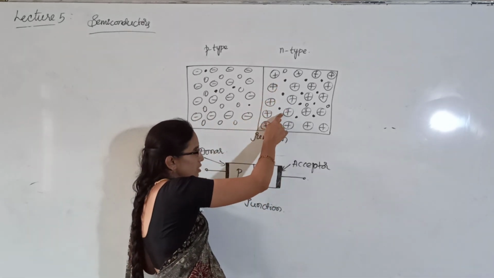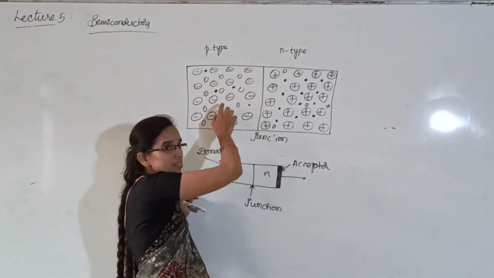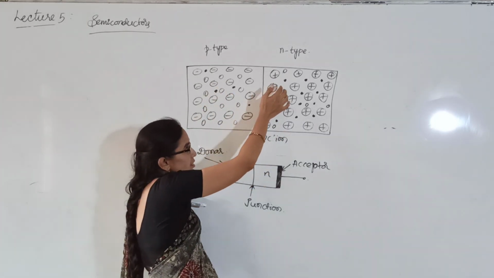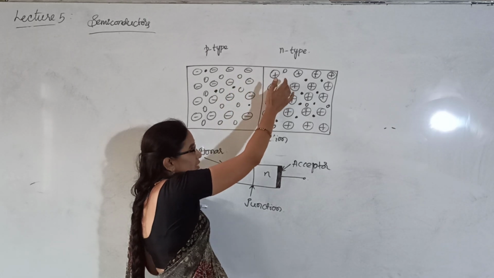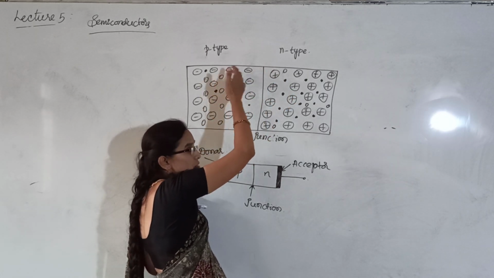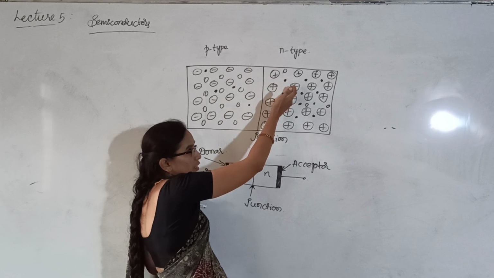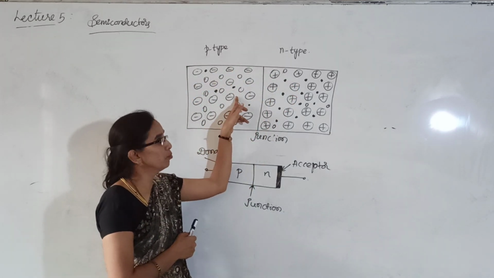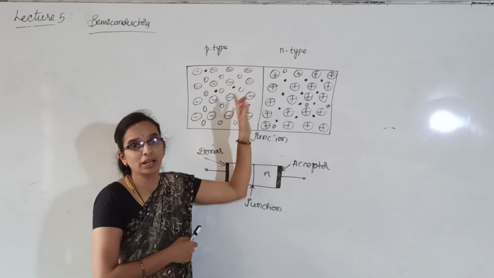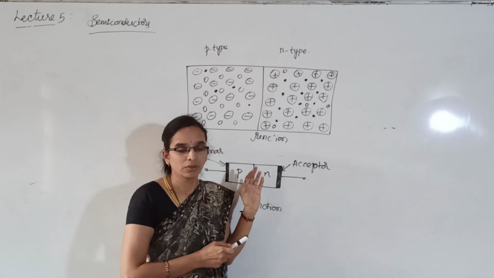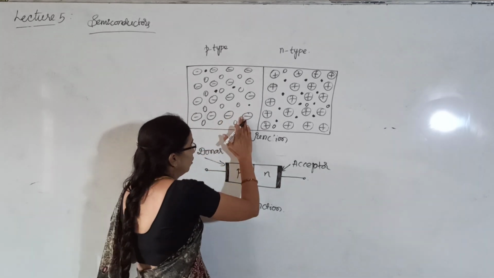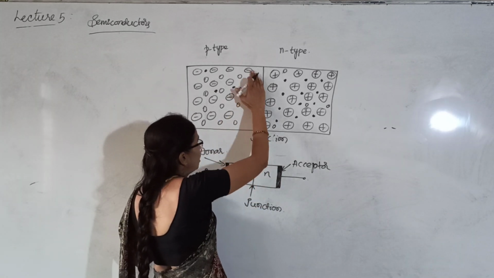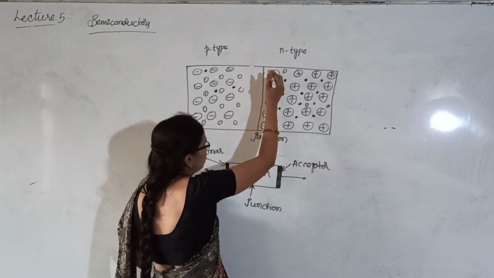These electrons are attracted towards these holes and they start to cross the junction. They start moving from n-type to p-type, and holes will start moving from p-type to n-type. Okay. Then what happens at some particular point?